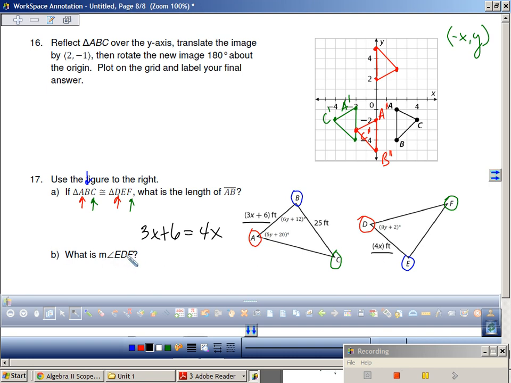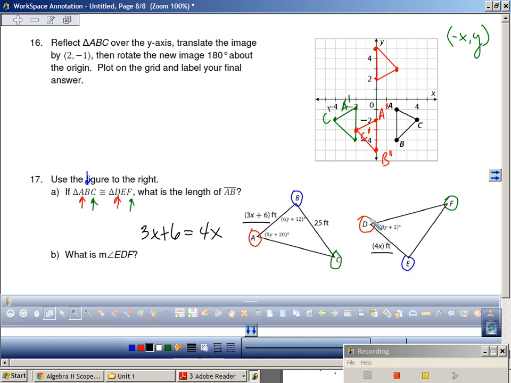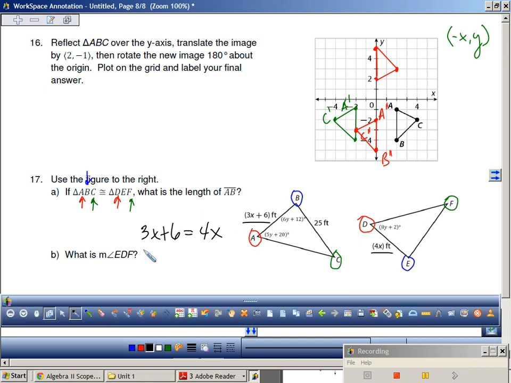What about the measure of EDF? Where's EDF? Which is the angle? Hold on, you guys don't understand what I'm saying. You know how it says EDF? Which one of these letters is the vertex? No, it's the middle one.